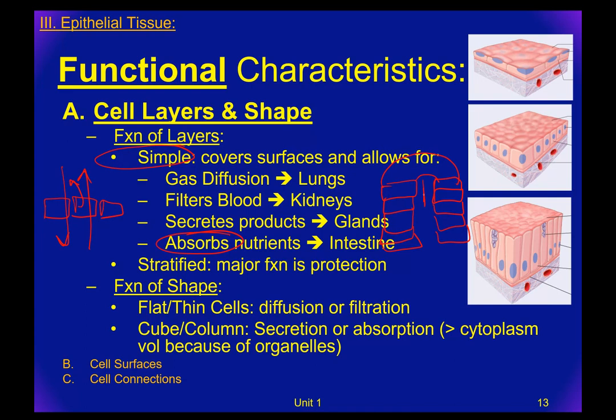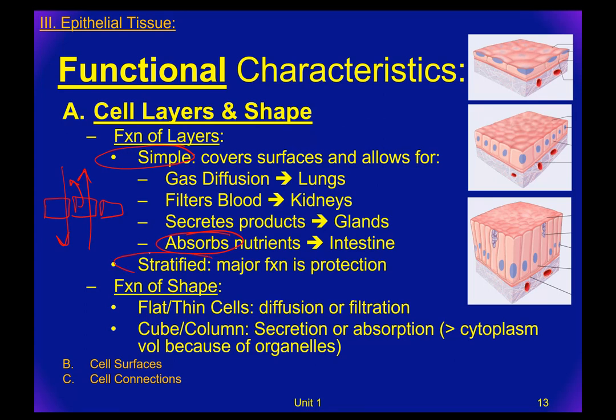And when food comes through here, these cells actually absorb those nutrients and bring them into the body. Okay? So simple means that I'm either going to be putting something into the space in front of me, or I'm going to be bringing stuff the opposite direction. I'm going to bring stuff past me.